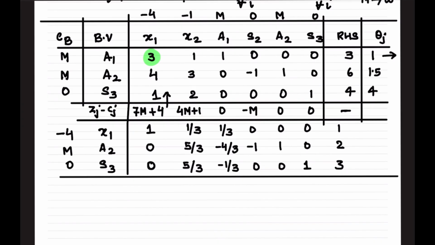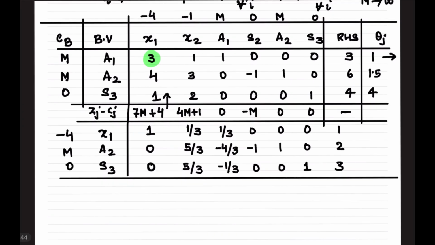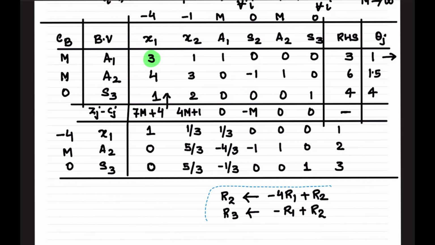So what is the operation we have used? To bring change in row 2 we multiplied the first row by -4 and added to the second row. To change row 3 we took minus times the first row plus the third. So this was the operation that we did.